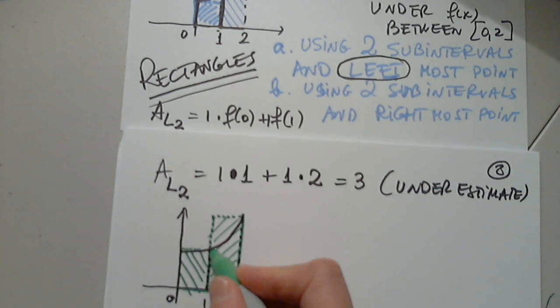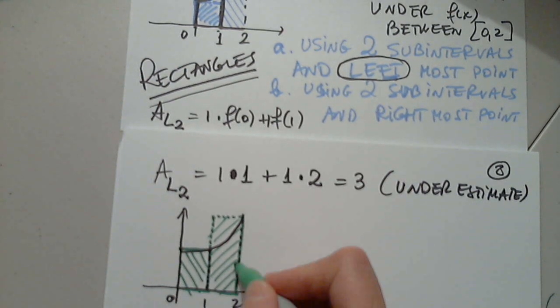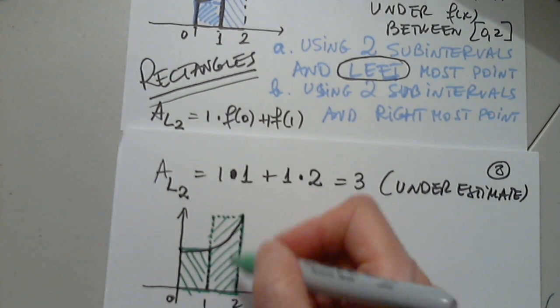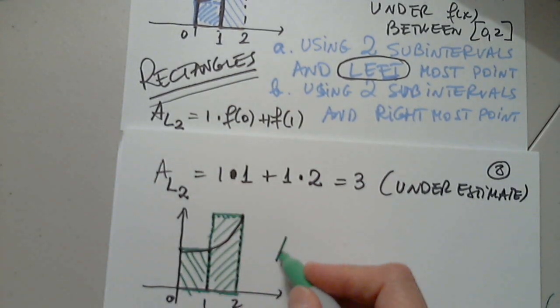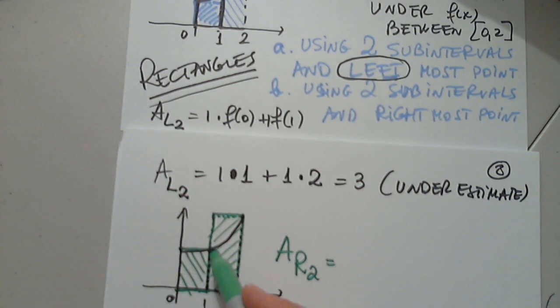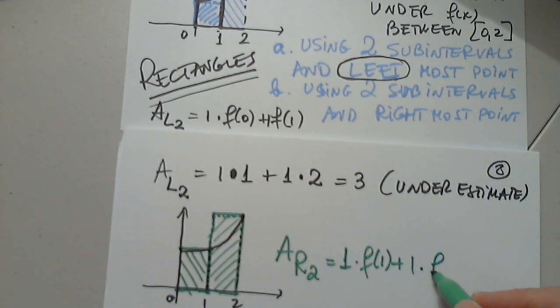I have to stop where the function is and go horizontally to create the rectangle. Stop where the function hits at 2, f of 2, and go horizontally and create the rectangle. The area with right 2 will be base times f of 1 plus base times f of 2.